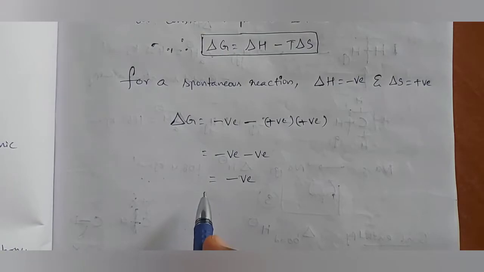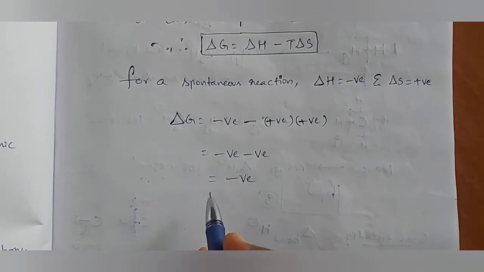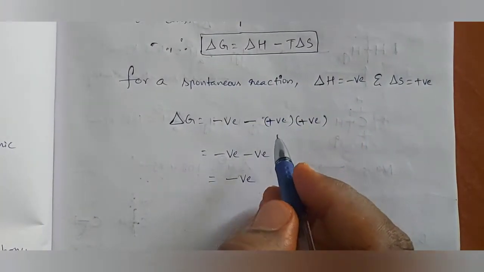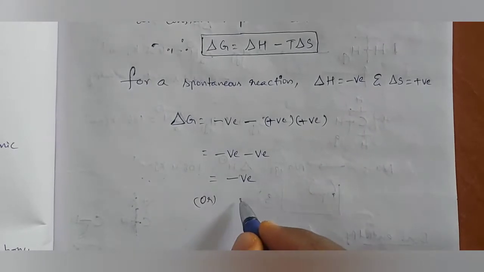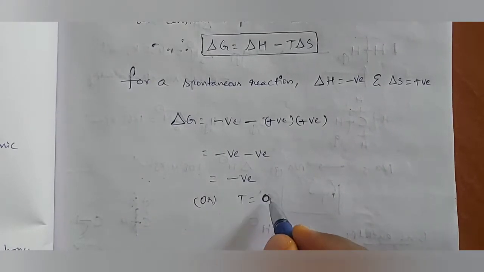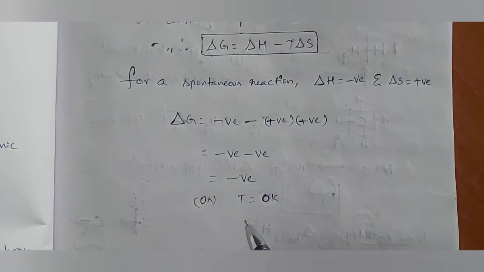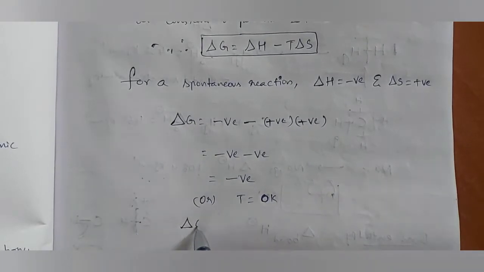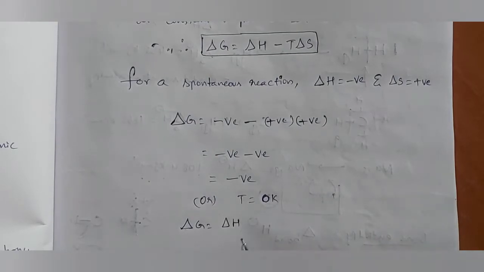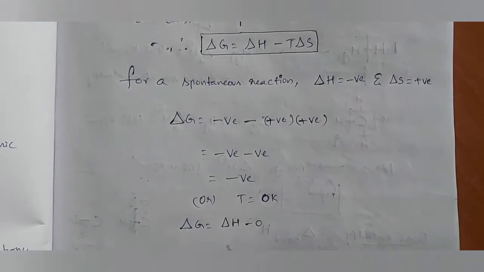Delta G is negative for a spontaneous reaction if capital T is positive, or capital T is equal to 0 Kelvin. Only these two are possible because capital T has no negative values. Delta G is equal to delta H minus 0.